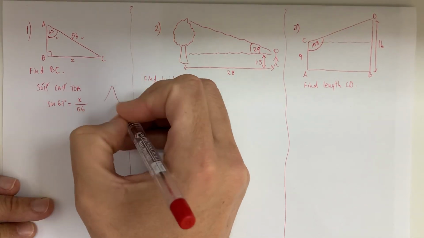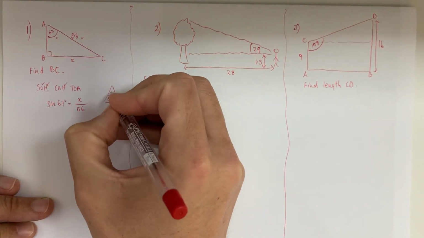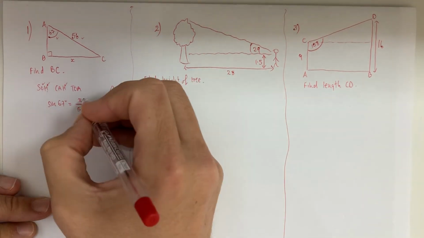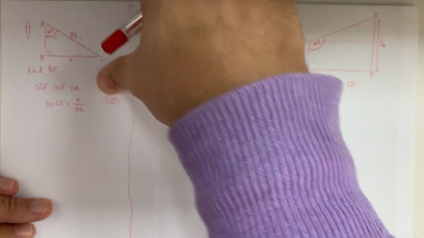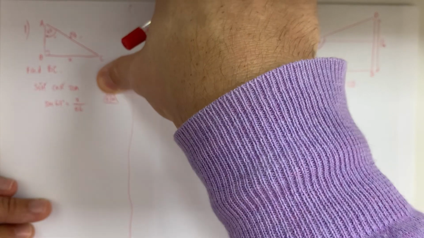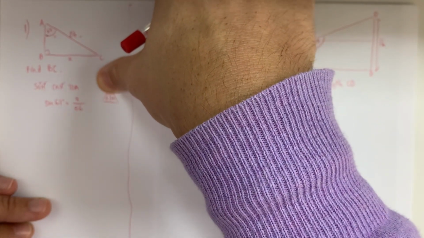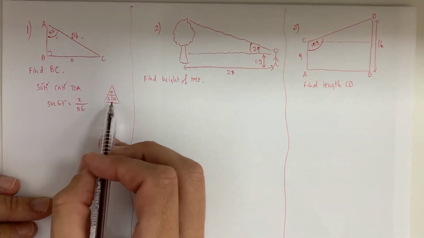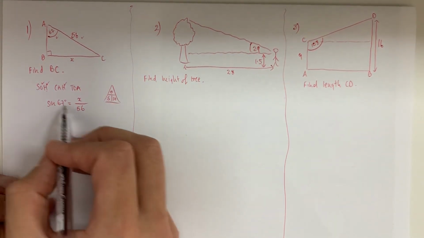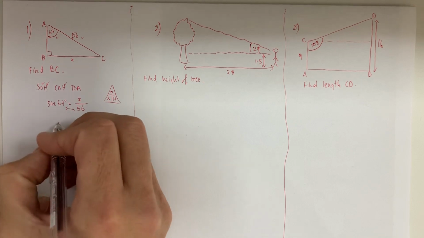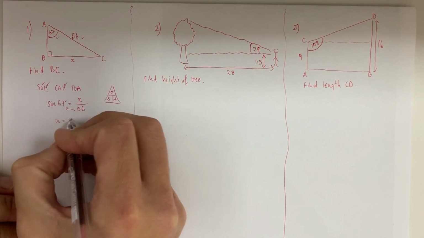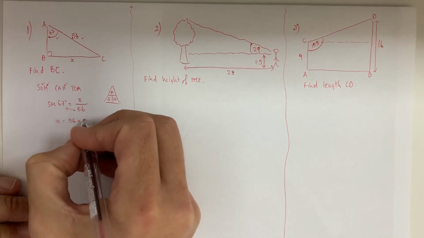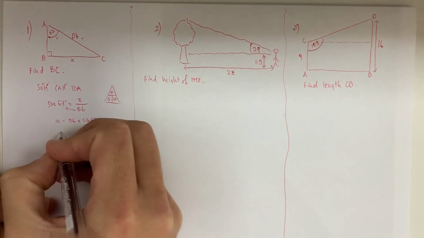Now, you can either use your little triangle. I'm trying to find the opposite, so if I cover up that, then it's going to be sine times hypotenuse. So sine times hypotenuse, so bring it up, and then that means that x is equal to 56 multiplied by sine 67.